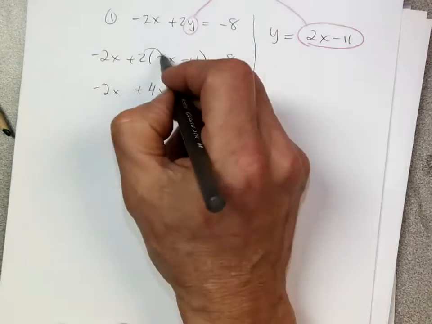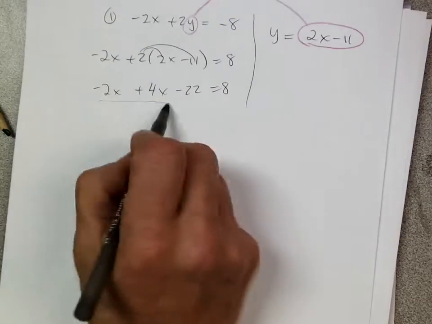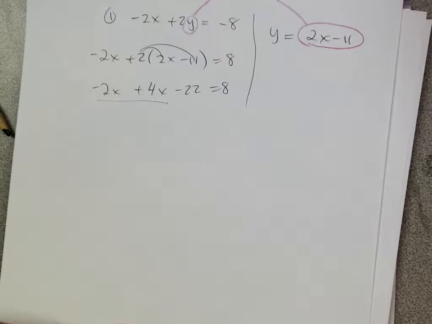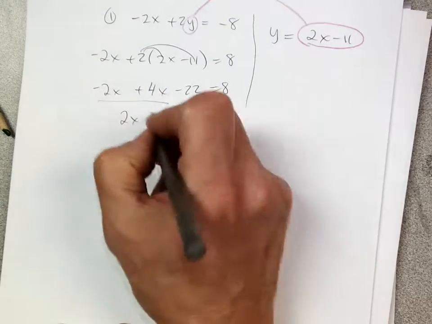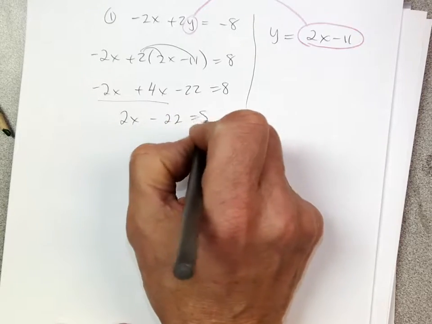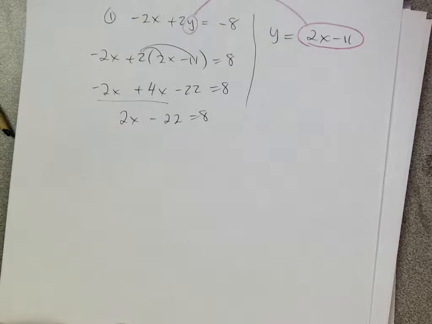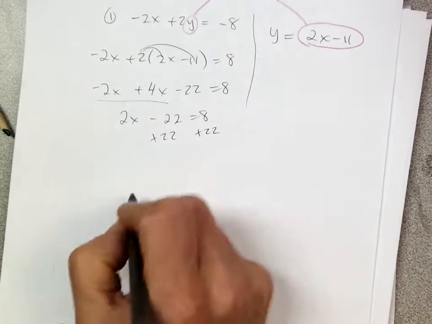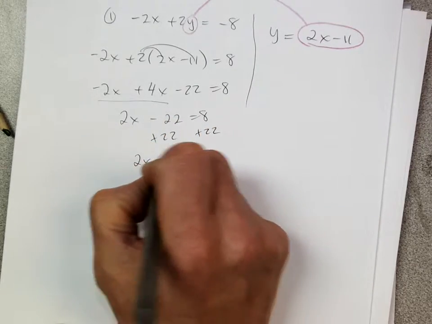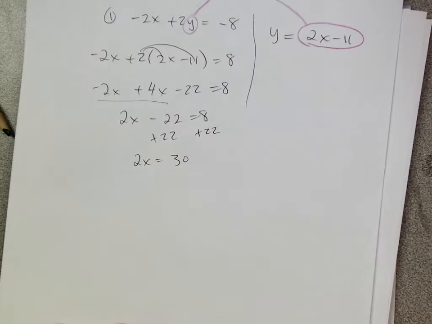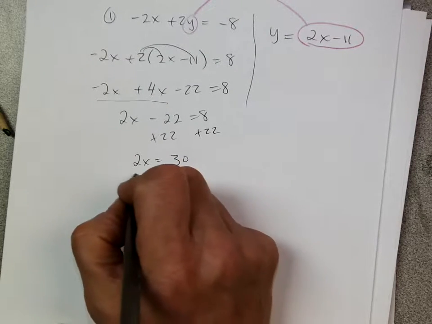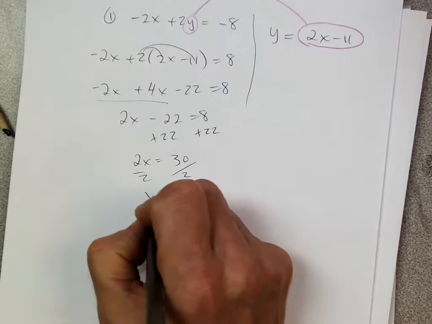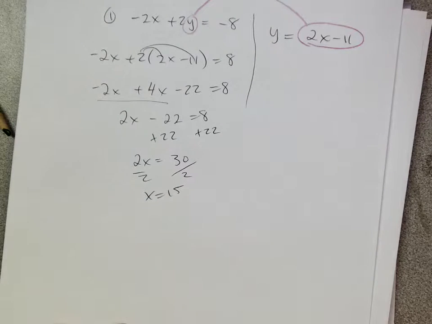Because I just distributed, I can combine these two x's and make it 2x minus 22 equals 8. Plus 22, plus 22, 2x equals 30. Divide by 2, and one answer is 15.